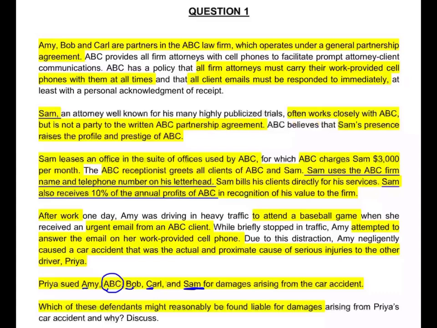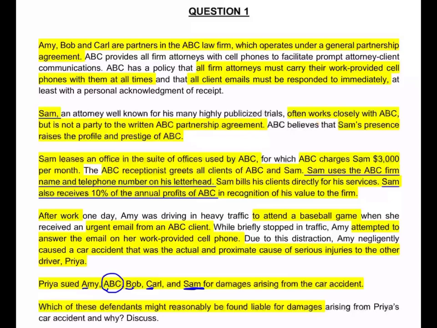Notice how cleanly and well laid out this hypothetical is, and most of the California bar hypotheticals are. The first paragraph sets up the basic problem and basic facts, like the fact that there was an express partnership agreement here. The second paragraph goes on to give you more detail about something. Here it's about Sam, the outside member, at least not part of the written partnership agreement.